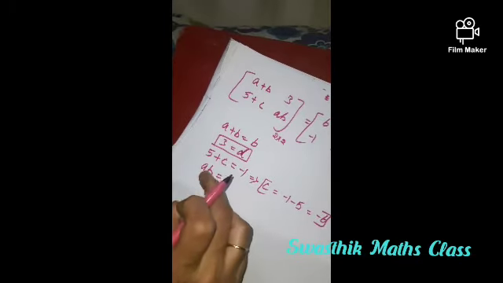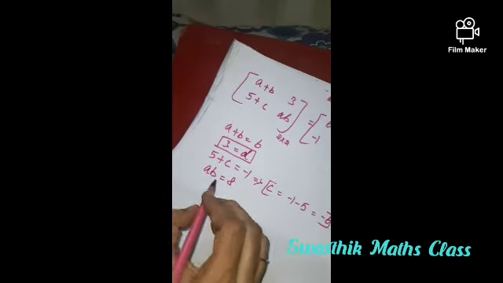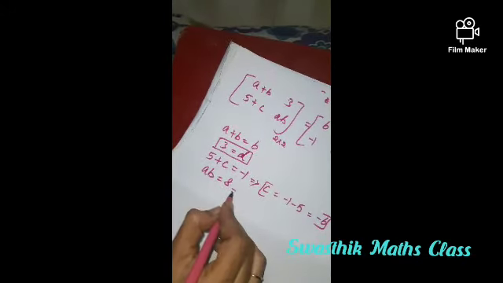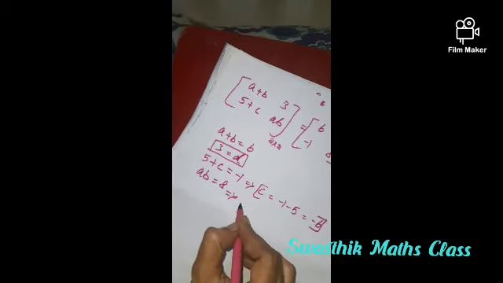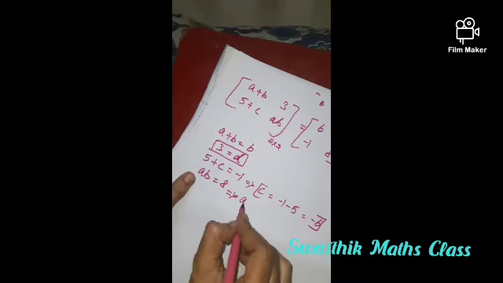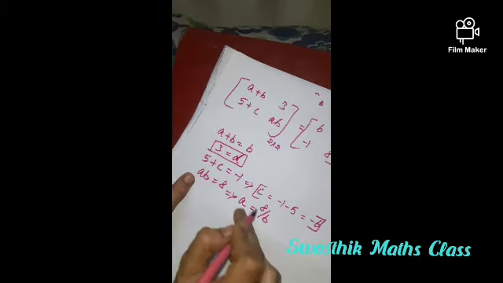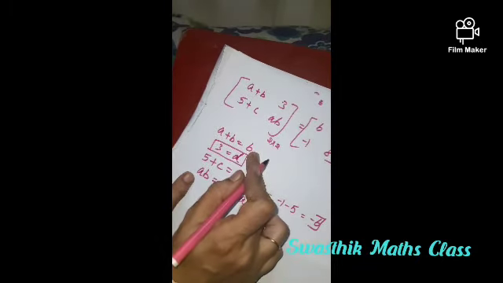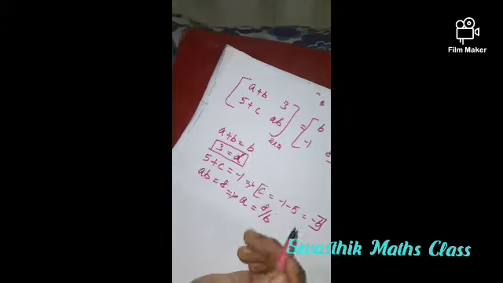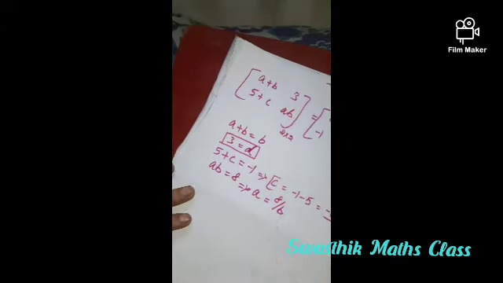Then we have to find the values of A and B. For that, from this equation, we can get the value of either A or B. So let us find the value of A from this equation. A is equal to 8 divided by B. And substituting the value of A in the other equation, we will get the exact value of B.